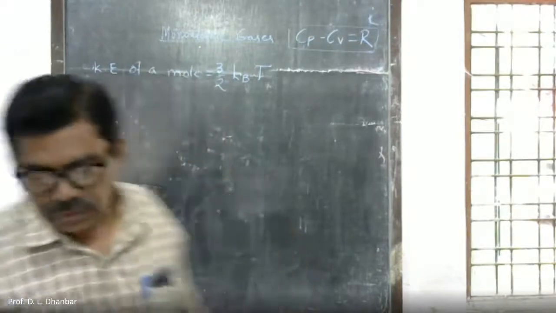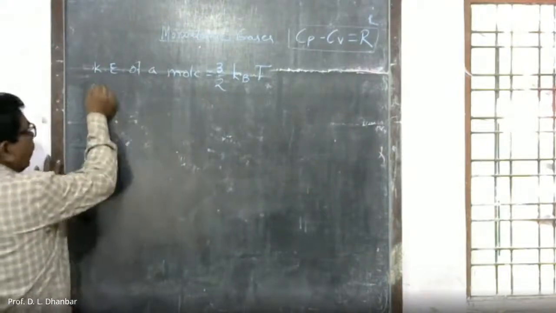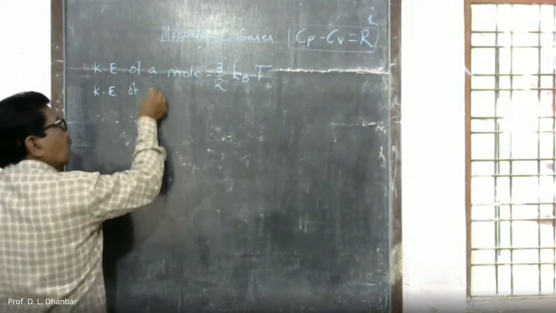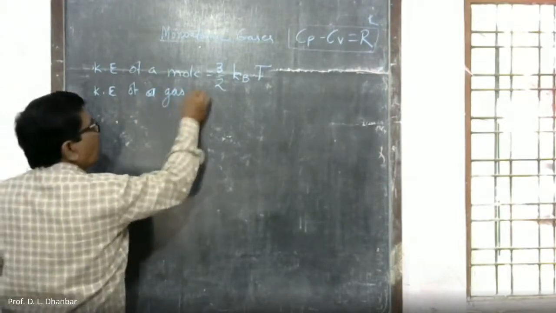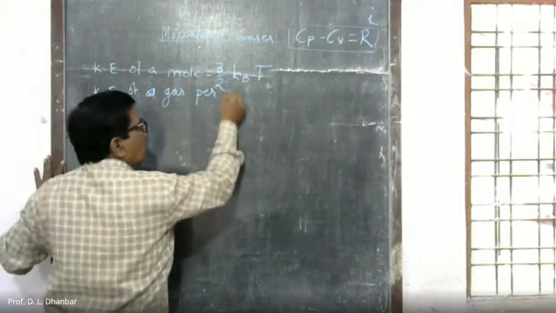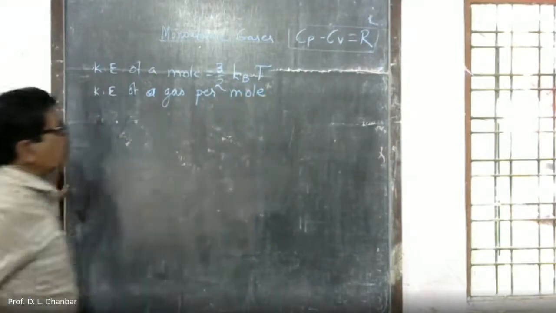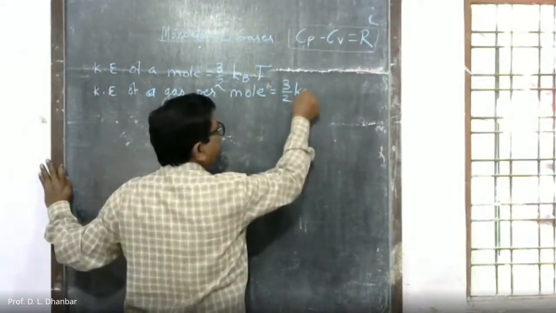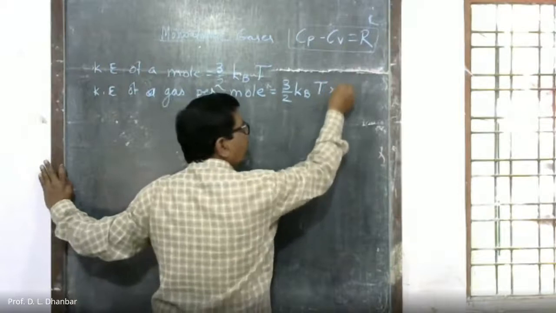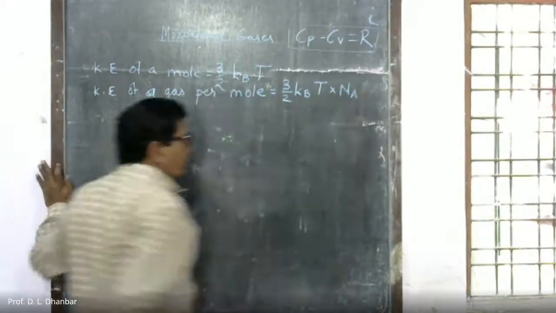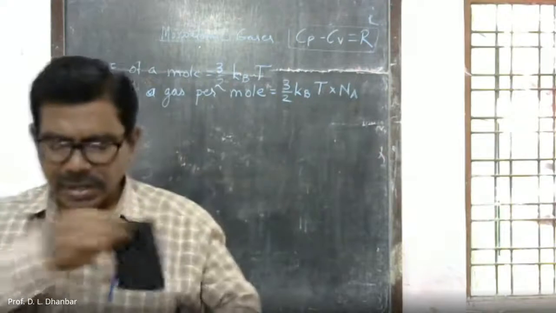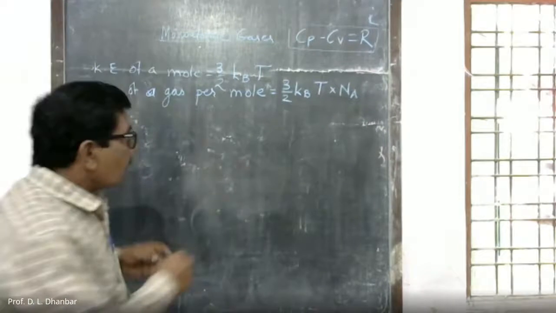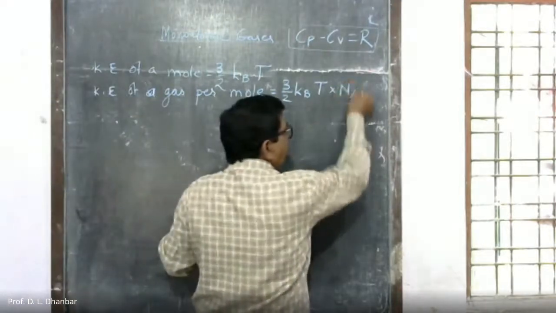Now the kinetic energy of a gas per mole is equal to 3 by 2 kB into T into Na, where Na is Avogadro's number.